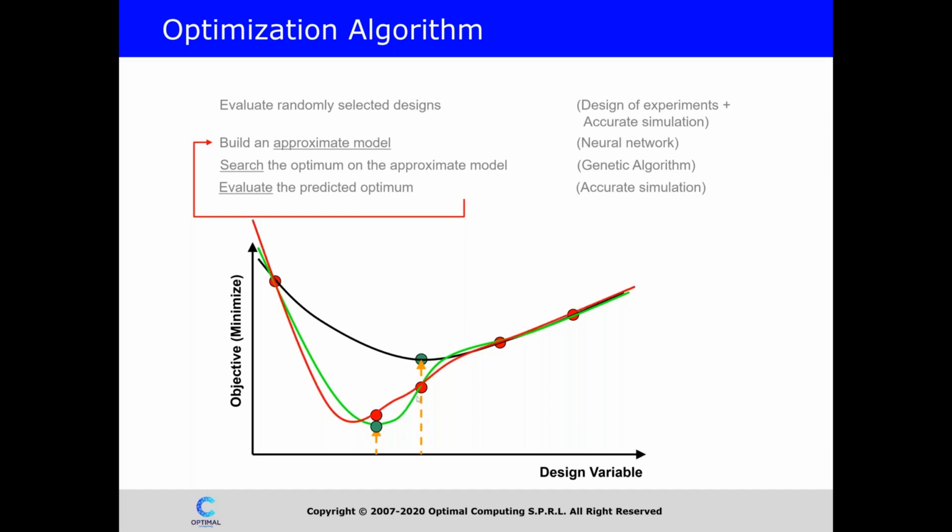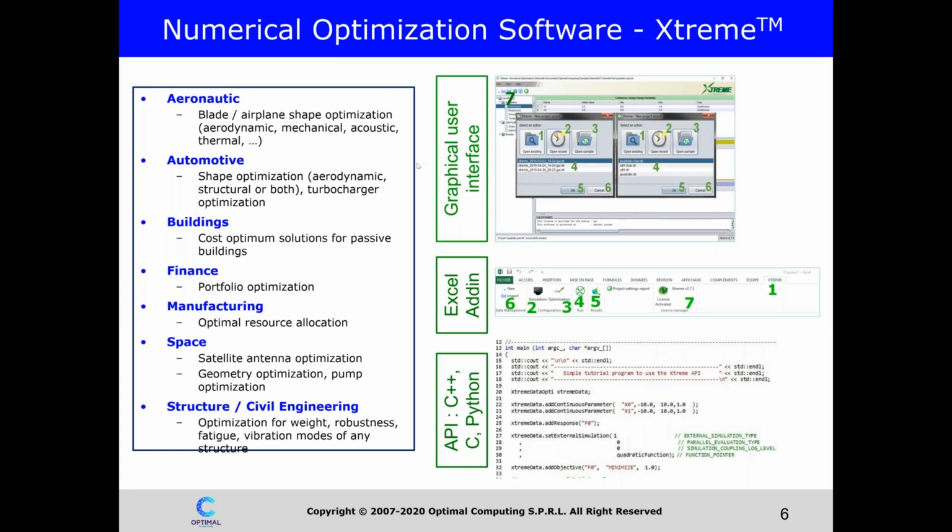Okay, so this is the process that is implemented into our software Xtreme. And with this process, it's called a black box optimizer. It means that there is no need to have access to the source code of the simulation tool, and it has a number of advantages.